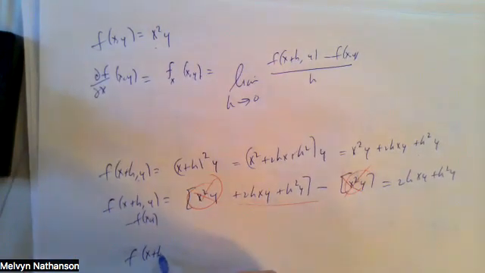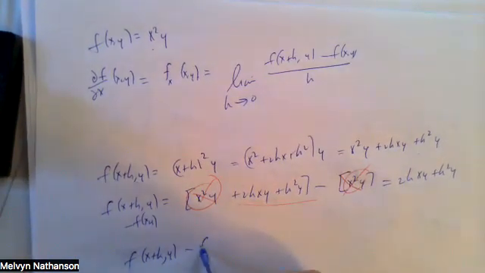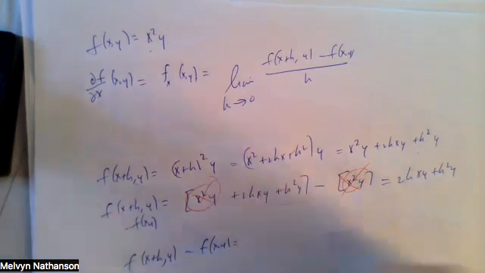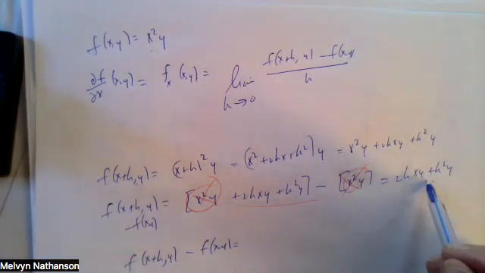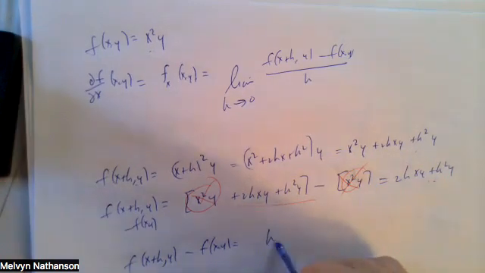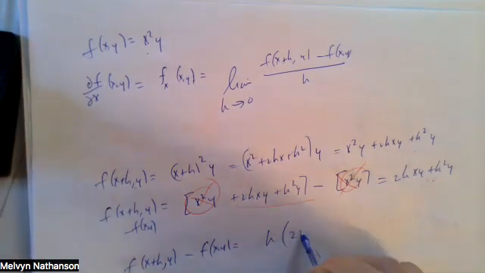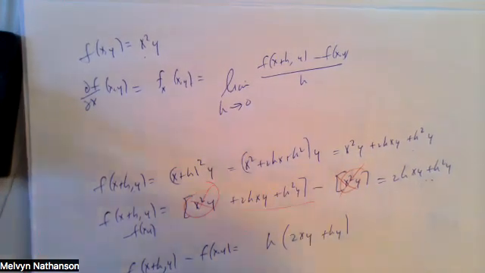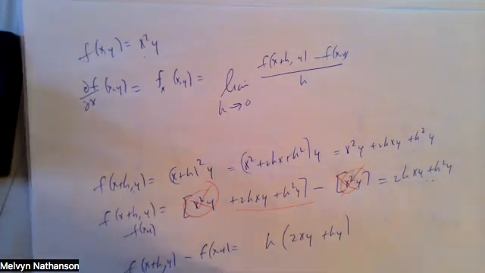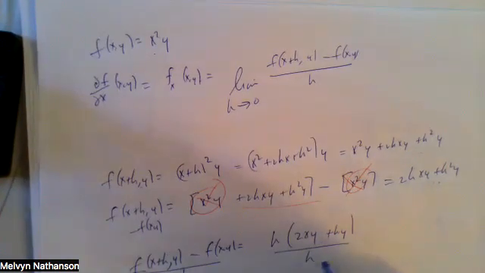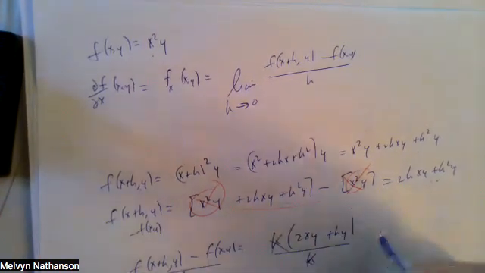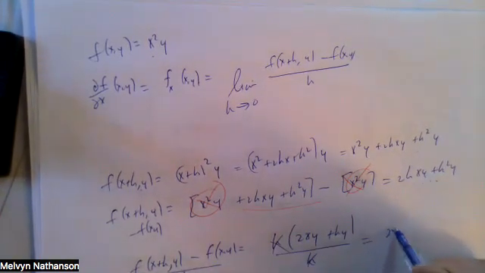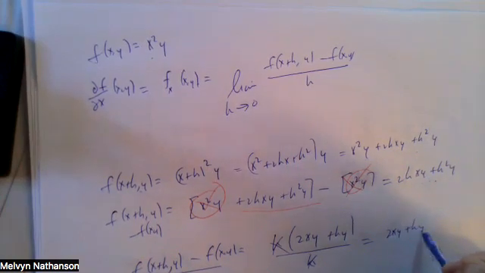So f of (x plus h, y) minus f of (x, y) is equal to this. I can actually factor an h out of this. This is h times (2xy plus hy). And then I divide by h, and the h's cancel. This is 2xy plus hy.